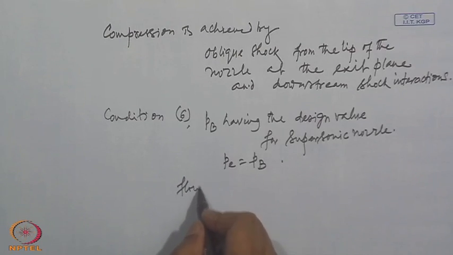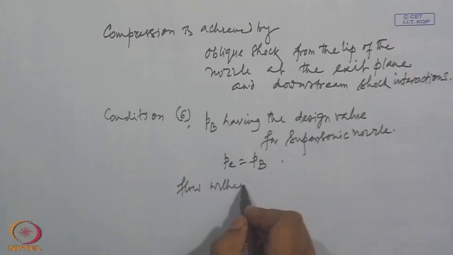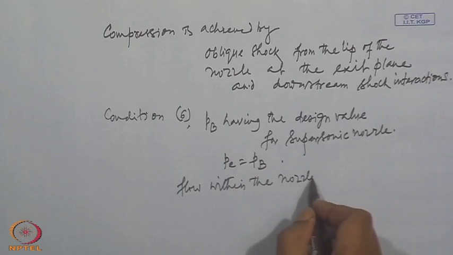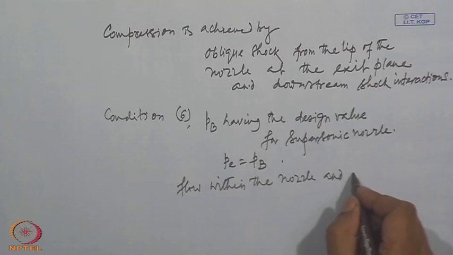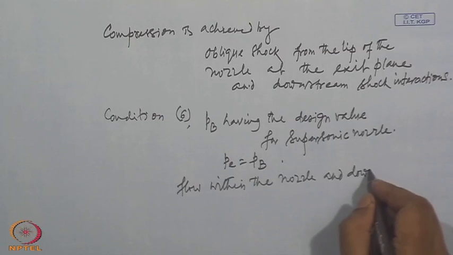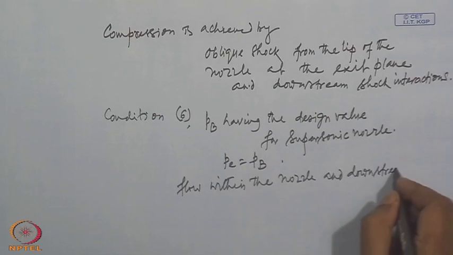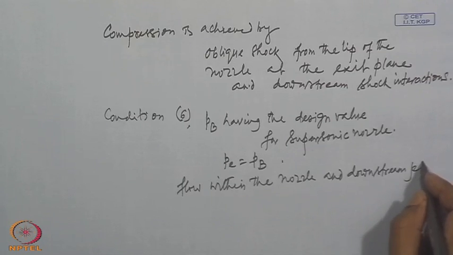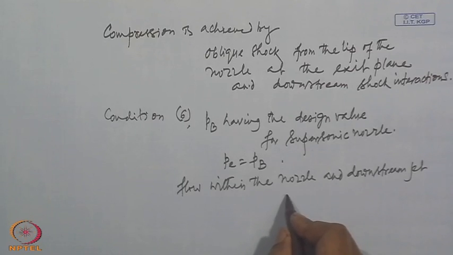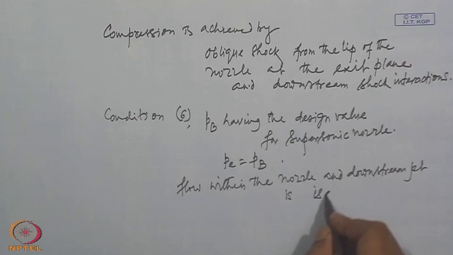Flow within the nozzle and downstream jet is isentropic.